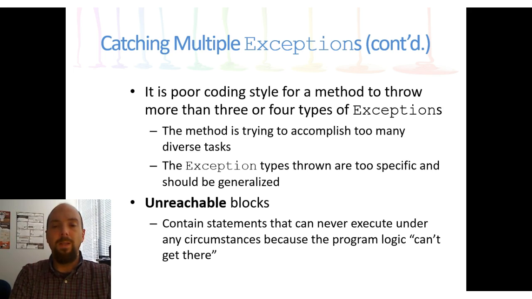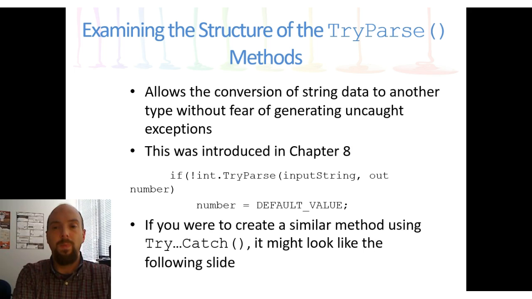So what would happen is I end up with what are called unreachable blocks, which are simply blocks of code that the system will never actually make it to. Only one or the other is going to run, and so there's very little chance of the user actually getting into one of these blocks. Therefore, we're just going to have wasted code. We're going to have wasted text in our program. The size is going to be larger, and it's not really going to be worth it.